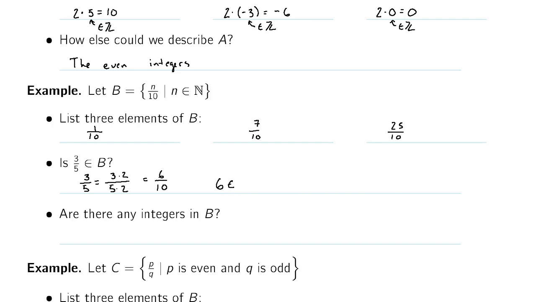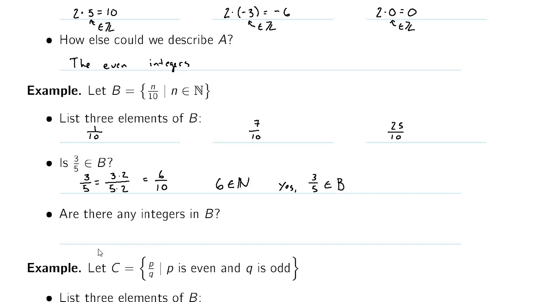And 6, of course, is a natural number. So, yes, 3/5 is an element of B, even though it doesn't look like it. Right? We can get a number that's equal to 3/5 by putting a natural number over 10. And so 3/5 is one of the numbers that's in B.